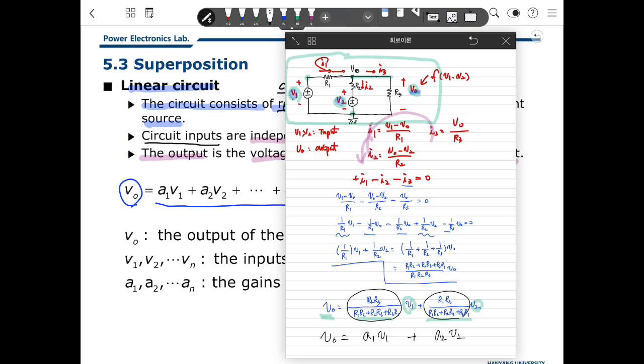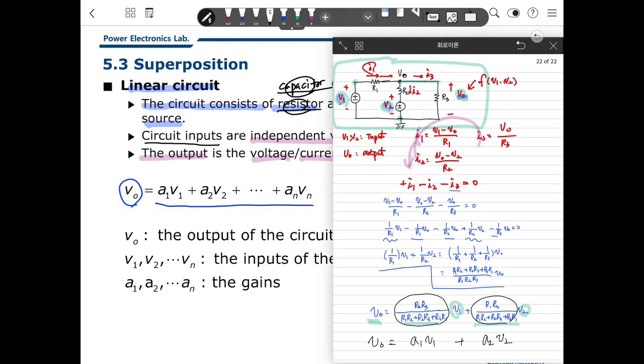So in the linear system, the general output voltage is expressed with the input voltage values. V out is output and V1 to Vn are inputs. Then A1, A2, and An, those values we call gains. So in the linear circuit, the value of output can be expressed with the input values.